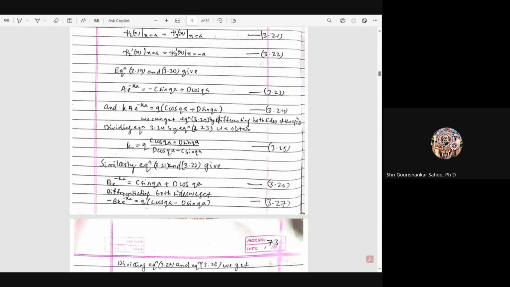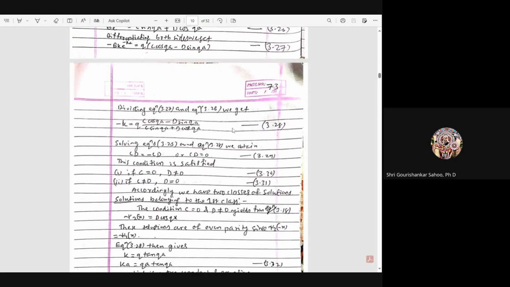By dividing this equation by the equation a e to the power minus k a is equal to minus c sin qa plus d cos qa, you have k is equal to q multiplied by, in the numerator, c cosine of qa plus d sine of qa, and in the denominator, d cosine of qa minus c sine of qa.